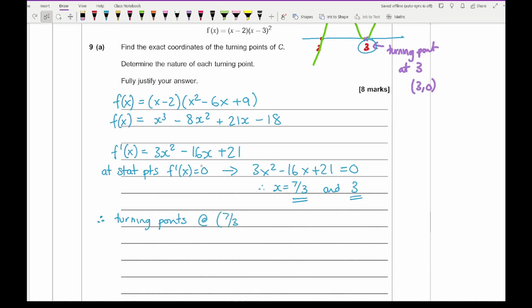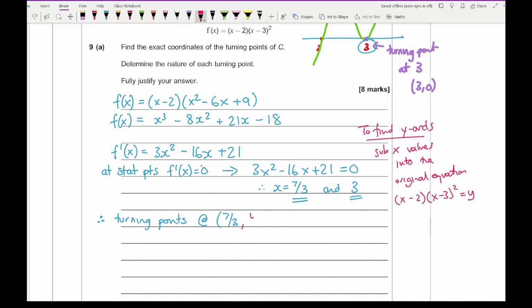Now if I work out the y-ordinate, all I've got to do is sub the x values into the original equation, and the original equation was (x minus 2)(x minus 3) squared equals y, in which I get my y value of 4 over 27, which is not the nicest of coordinates, and I've got the coordinate of 3, 0. So there are my turning points.